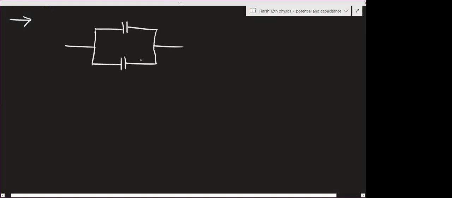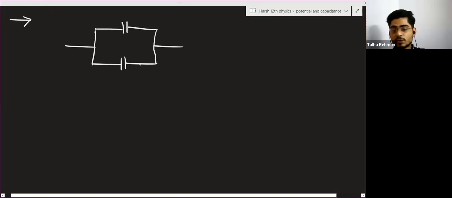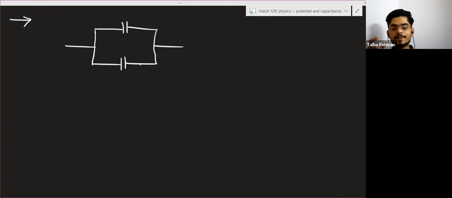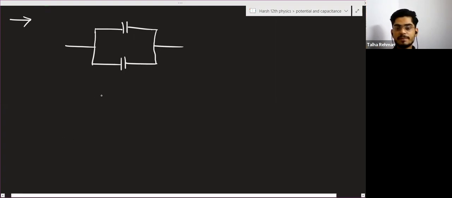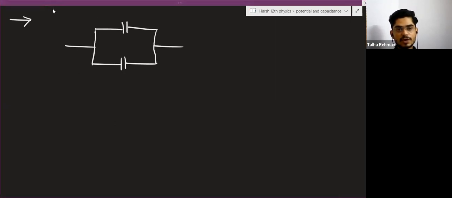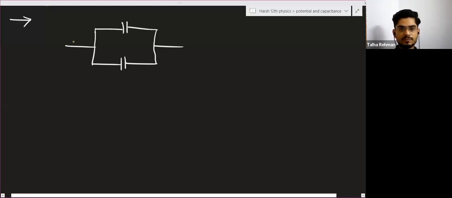Parallel. Now why this combination is parallel, we will see. We know that in a parallel combination the voltage is the same. Now we will see whether the voltage is the same or not.